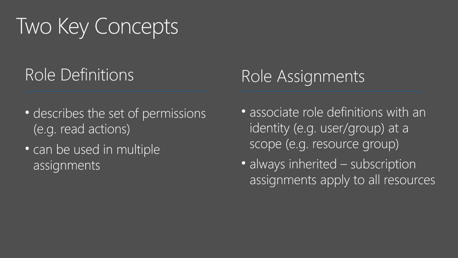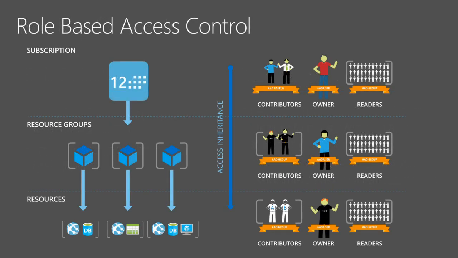And so what this means is if I grant someone a given set of permissions at subscription scope, it's inherited down to the resource group scope and inherited down to the resource scope inside of that. So to visualize this, at the top, at subscription level, I can define a set of contributors, owners, and readers.